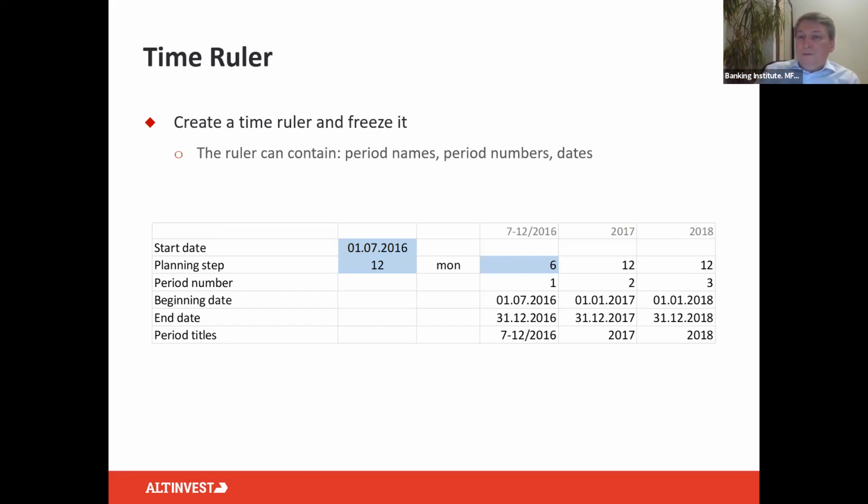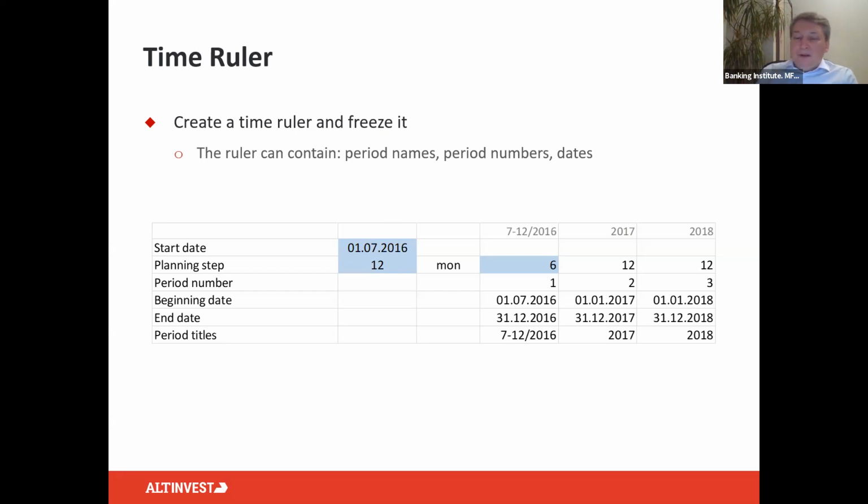But what if our model is in quarters or by months? In this case, we should add to our formula, to our model, a formula to account for the period length, right?